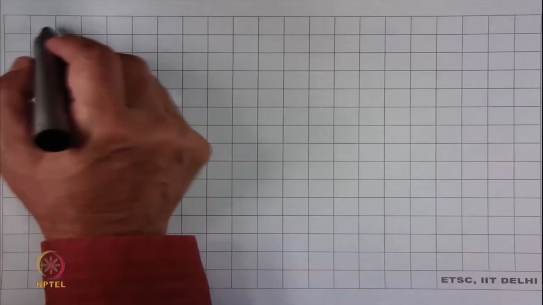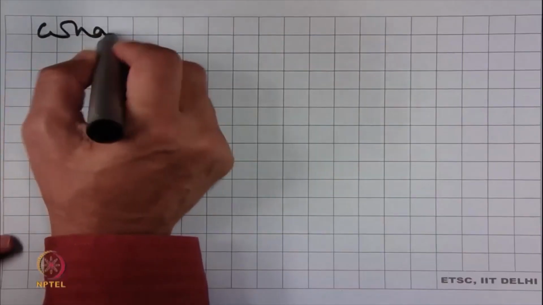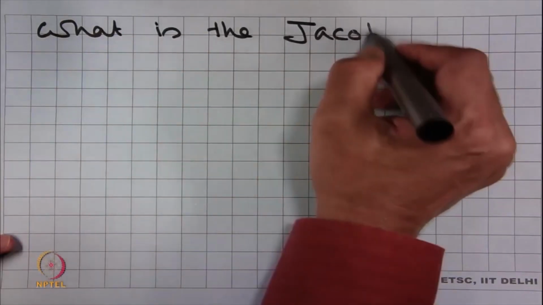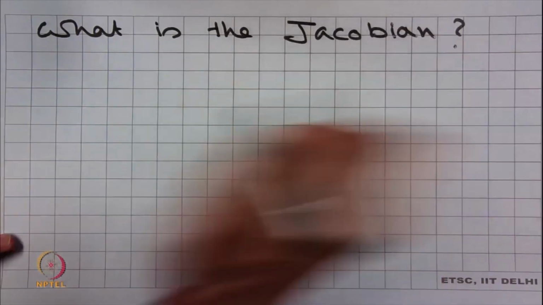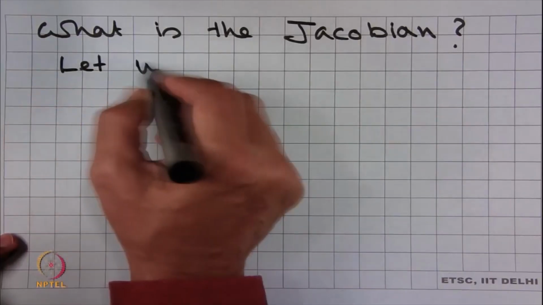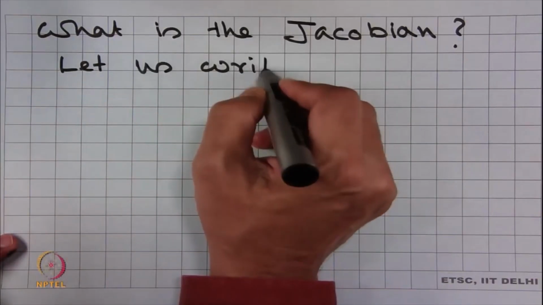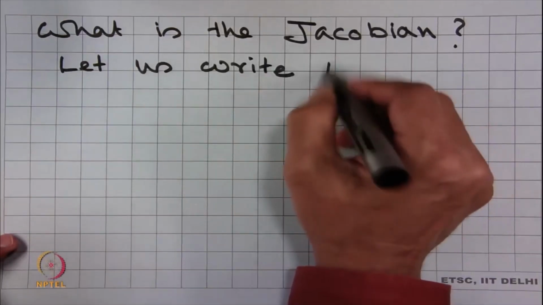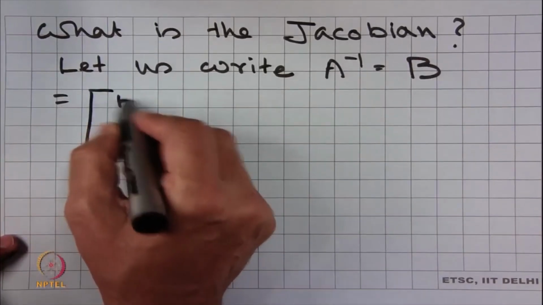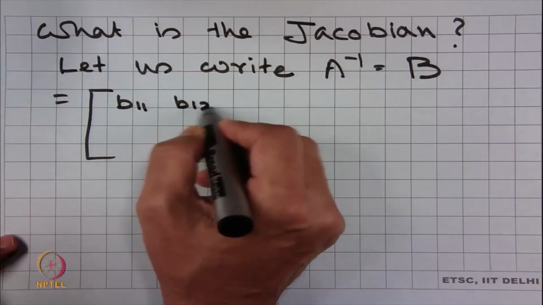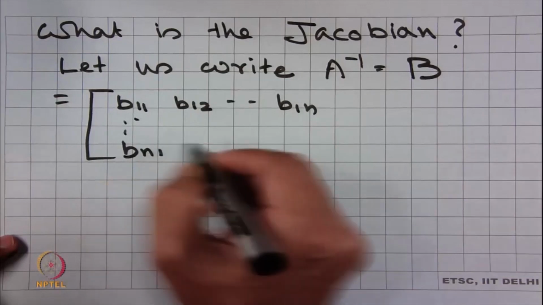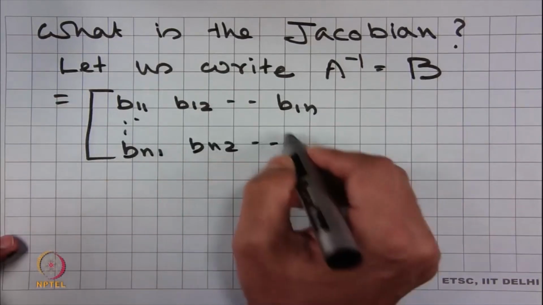In this case, what is going to be the Jacobian? Let us write A inverse is equal to B is equal to B11, B12, B1n, Bn1, Bn2, Bnn.